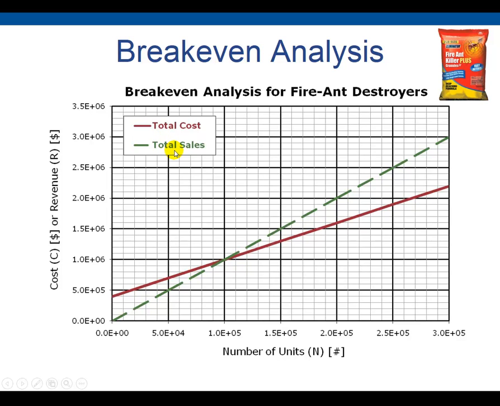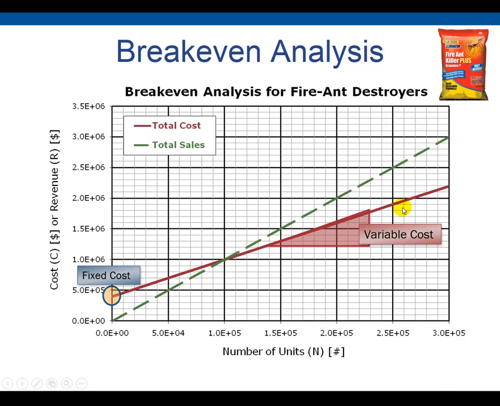When we sell the product, we will get a revenue. That is the green dotted plot. Okay, so what is the break-even point? By the way, about the cost line, this is the fixed cost. We start from here, so we have already invested this amount of cost for production.